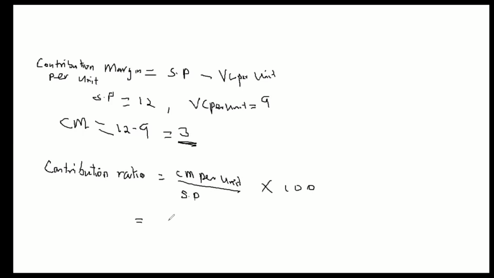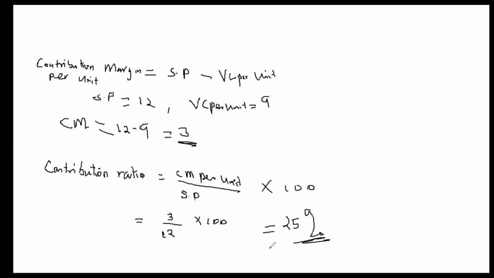So this is 3 over 12 times 100, which gives us 25%. So 25% is our contribution margin ratio.